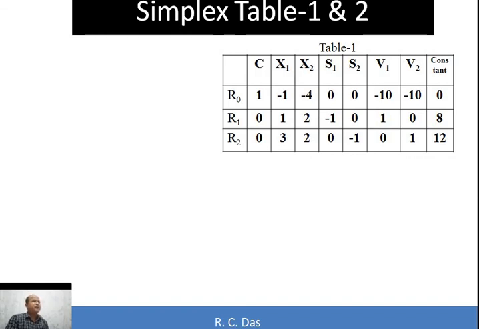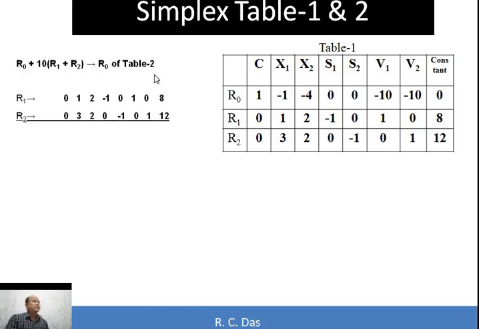The conversion relation here is R0 plus 10 times (R1 plus R2), which will give the row 0 of table 2. We add row 1 and row 2, multiply by 10, and that result we have to add with R0. So that is the relation.